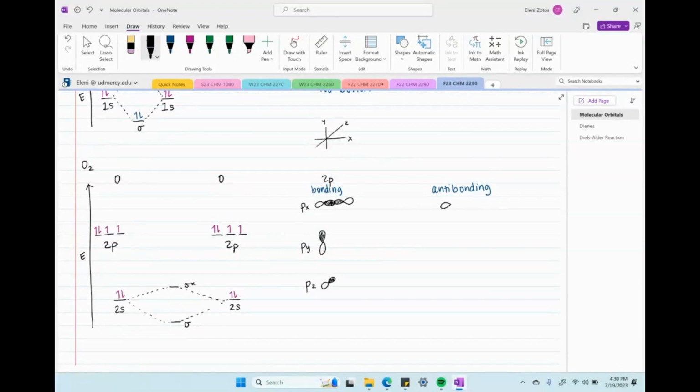If we have the opposite, so I'm going to draw the same original px orbital, we have now out of phase overlapping with in phase, that would be the antibonding orbital. And because the orbitals are directly overlapping in a line, where one lobe is overlapping from each px orbital, this is also called a sigma molecular orbital, a sigma bond.